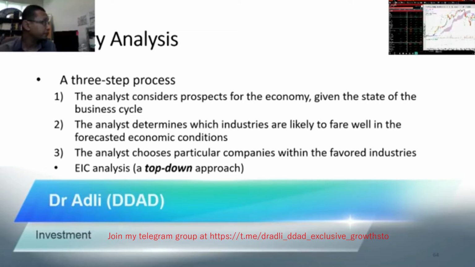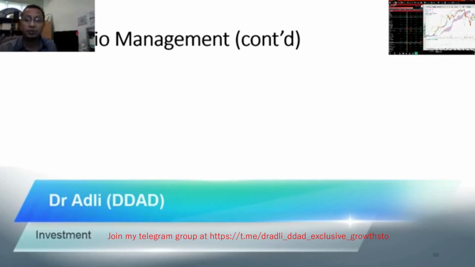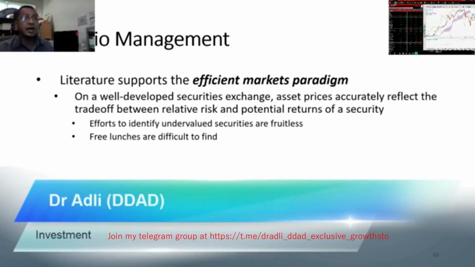Now let's look at the next one, portfolio management. The literature supports the efficient market paradigm. On a well-developed securities exchange, asset prices accurately reflect the trade-off between relative risk and the potential return of a security. Efforts to identify undervalued securities are fruitless.